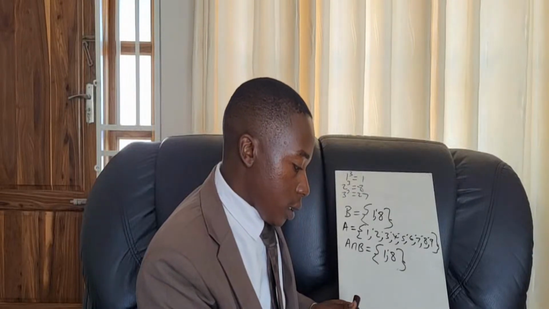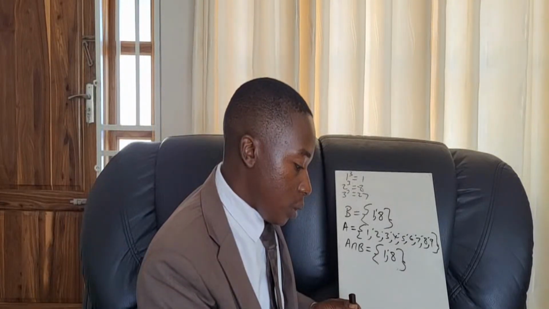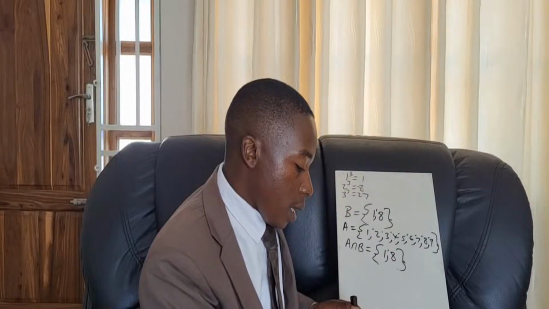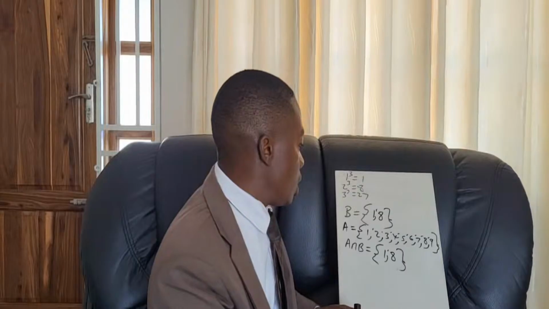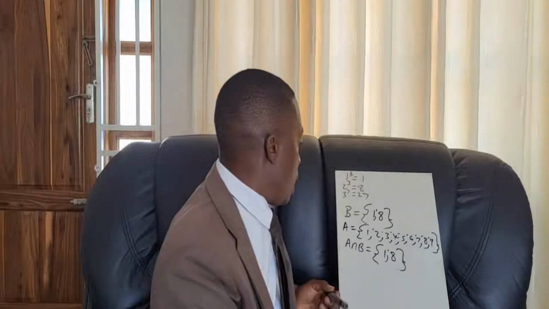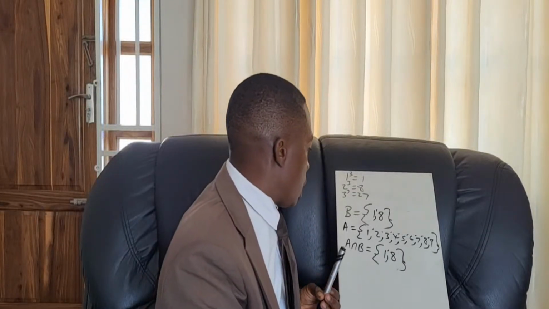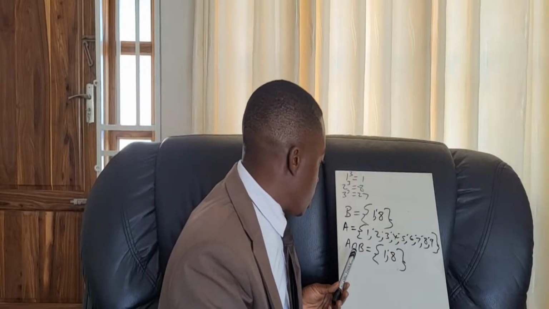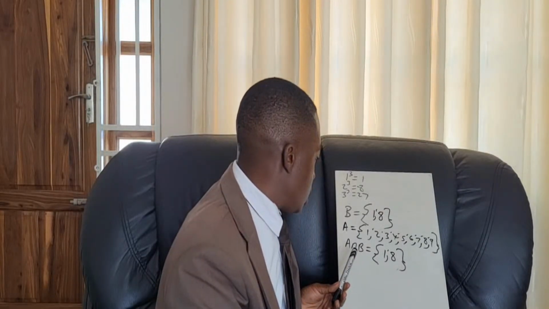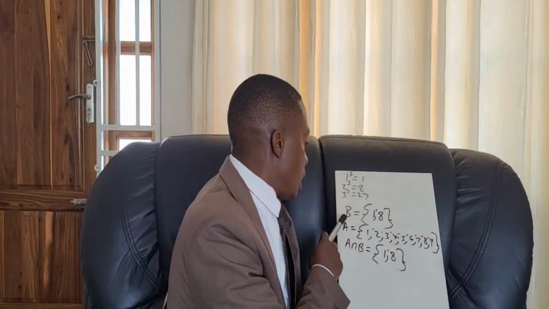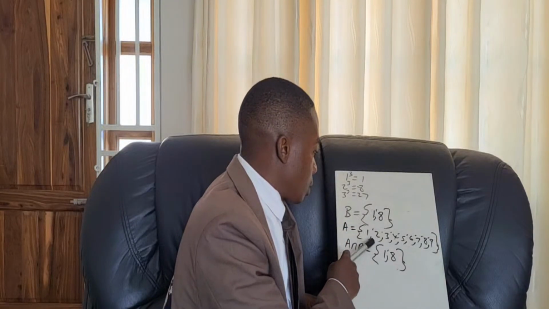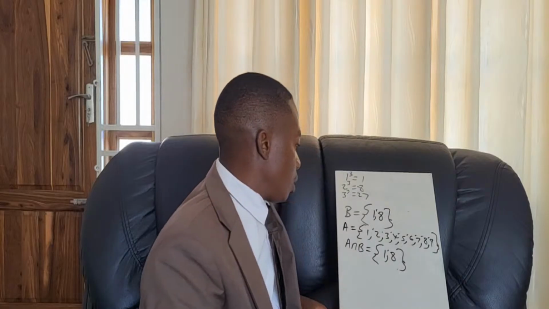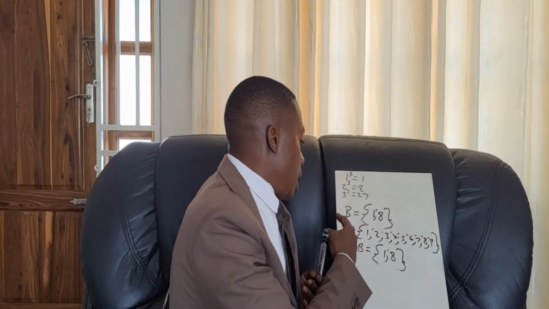Hence or otherwise, state the relationship between sets A and B. So the relationship between sets A and B is that all the elements that are in B, you can also find them in A. So what's the relationship?